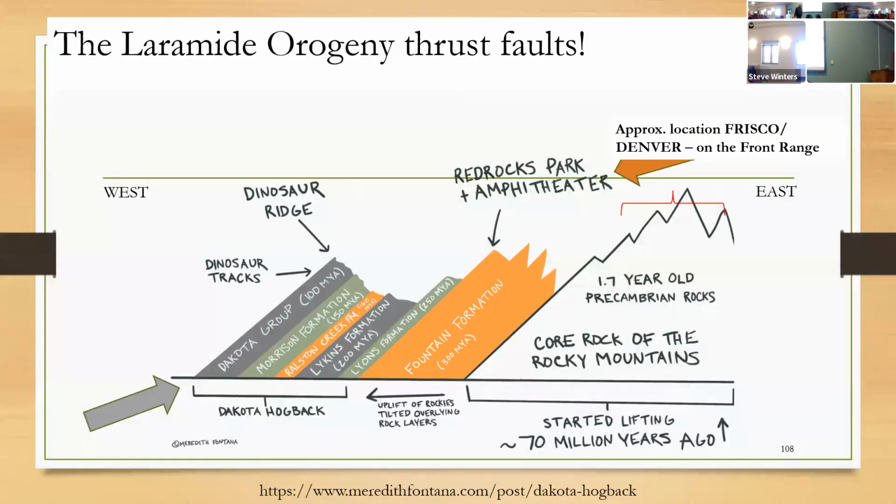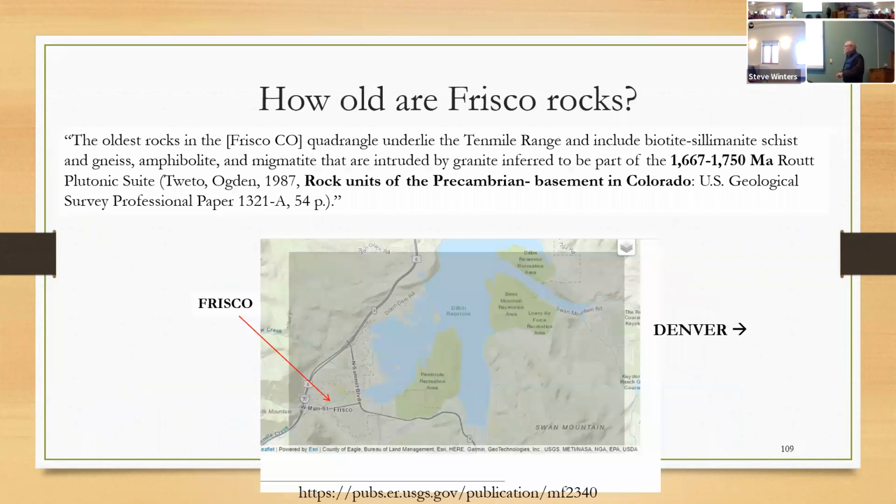We are somewhere here on the core rock of the Rocky Mountains. This is the Precambrian core of the ancestral Rockies. Frisco is right down here. The city is on rock of an age of about 1.6 to 1.7 billion years, so that pretty much matches the core rock of the ancestral Rockies.